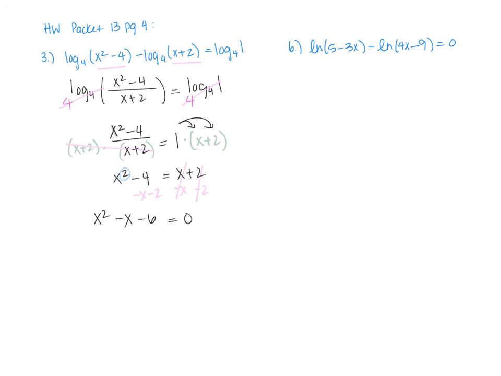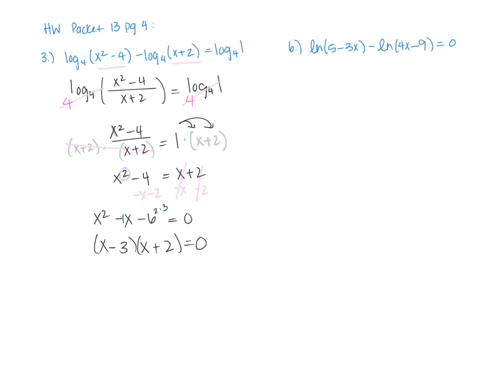So when I look at this problem, I can see now it's definitely in standard form, and now I want to try to factor. Two numbers that multiply to give you negative 6, but add to give you negative 1, are like 2 and 3. So if I were to factor, I'll make the 3 a negative and the 2 a positive, because when I multiply, I get a negative 6, but when I add, I get a negative 1.